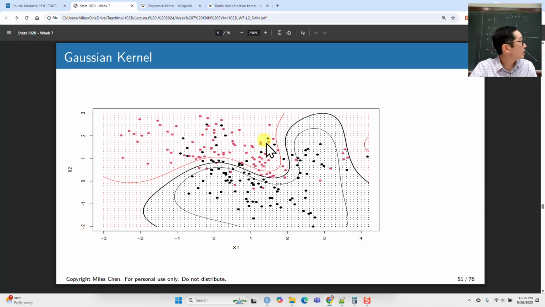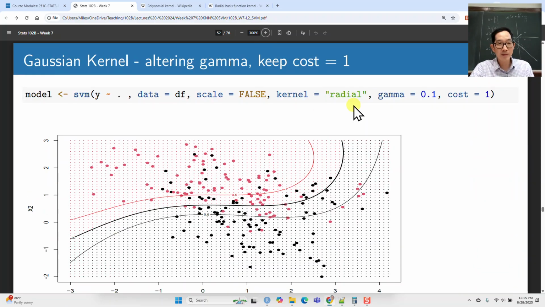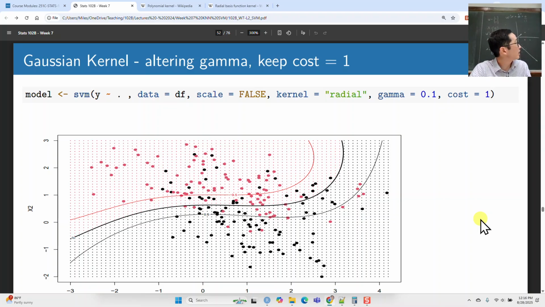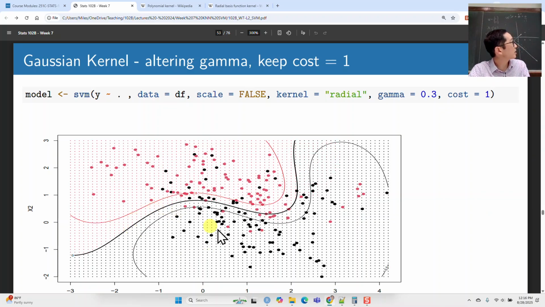So this is just a starting point. And then here, I'm going to show you what happens. Here I've got gamma. I'm going to keep the cost set to 1, okay, this is how much influence any one point can have, but I'm going to alter gamma from 0.1, which is our least flexible, to here's gamma 0.3, and you can see the boundary there is the thick line, and then our parallel hyperplanes.